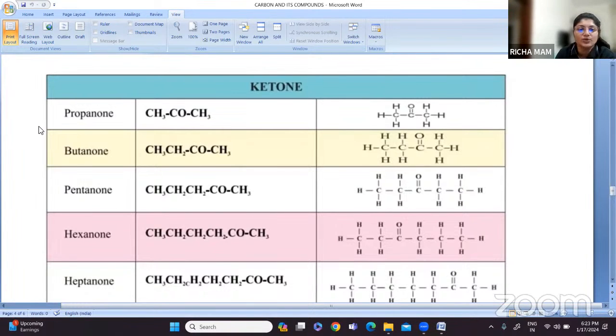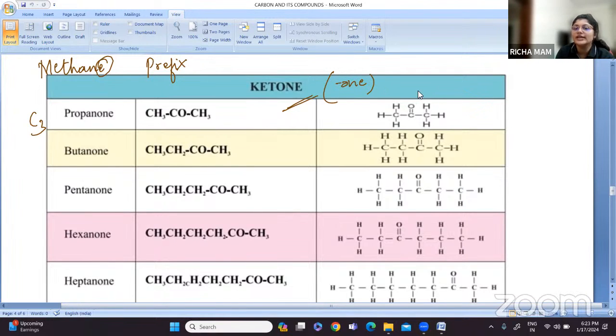Now ketones, how do you start with ketones? These are some of the ketones you can see. The prefix is the same: methane, ethane, propane. If I take methane as the prefix, the E is replaced by ONE.